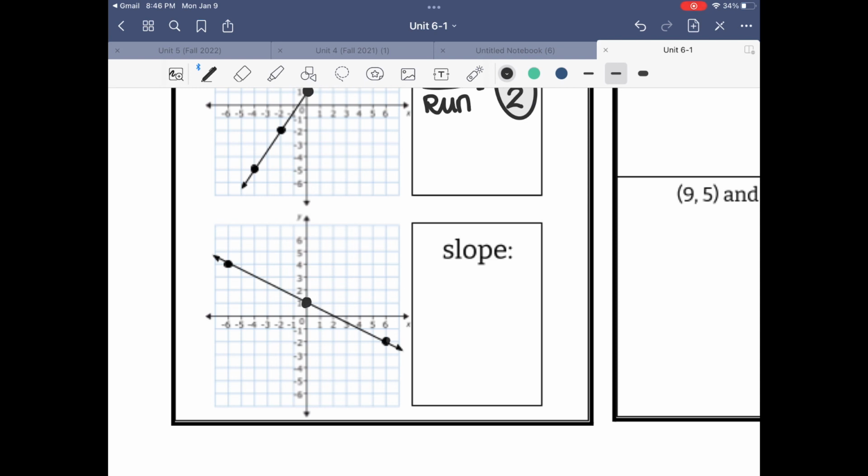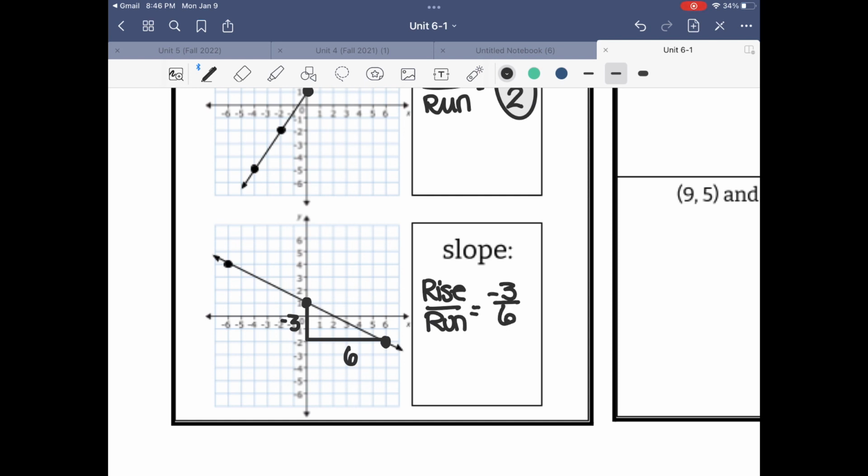Now I'm going to talk about what happens when you have to simplify your slope. So I'm going to count between the two right-sided points, and it looks like I'm going to have to go down 1, 2, 3, and over 1, 2, 3, 4, 5, 6. So down 3 over 6, which means my rise over run is negative 3 over 6.